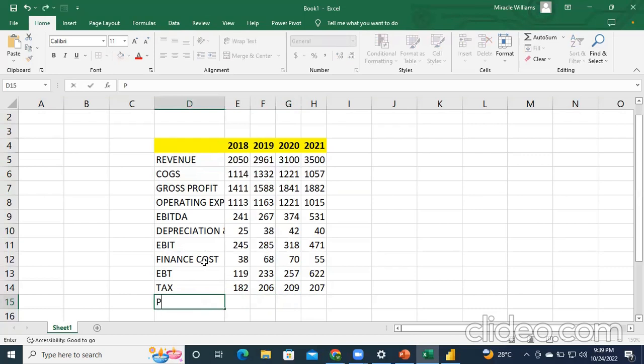Then lastly, profit after tax, which let's say is given as 13.1, 14.7, 28.17, and 204.14.